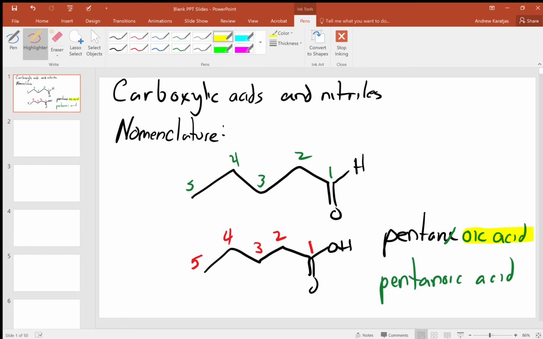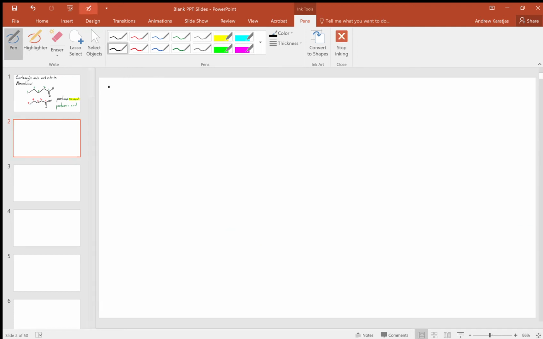Now, the one thing that does make carboxylic acid nomenclature a bit more annoying than other functional groups is the abundance of common names. And there's no getting around it. There's just a ton of them. Some are important for this course, some more important for other courses, especially for those who are going to take biochemistry in the future. You'll see a ton of these, but we're going to talk about some of the important ones here.